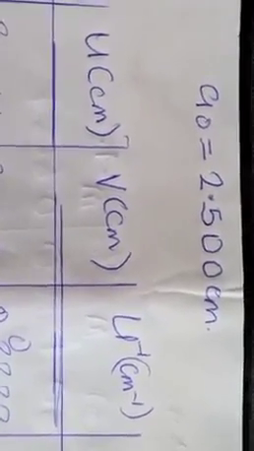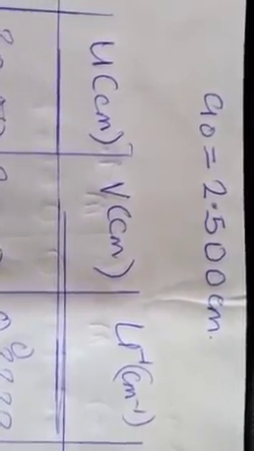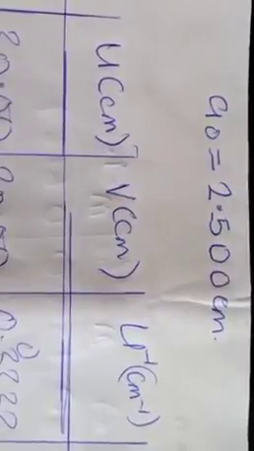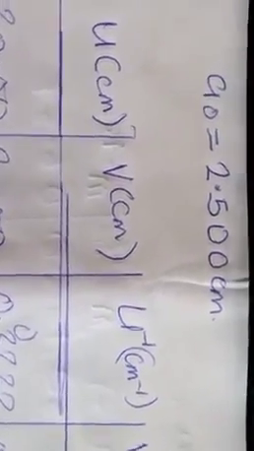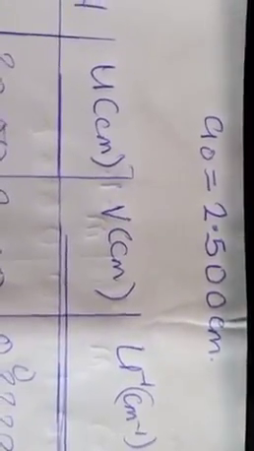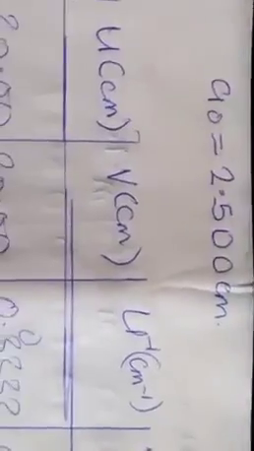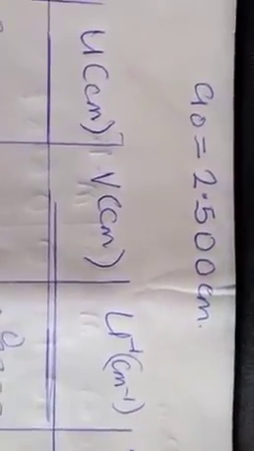The size of the hole we are taking is 2.50 cm. Somebody can take any value ranging from 1.5 to 4. Don't take an extra large size. So 1.5 is okay, 2.0 is okay, 3.0, 3.5, 4.0 is okay.